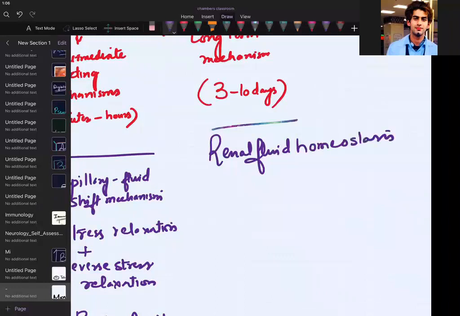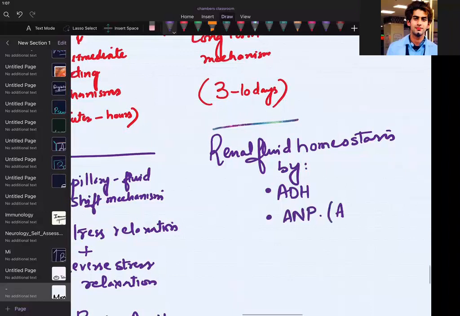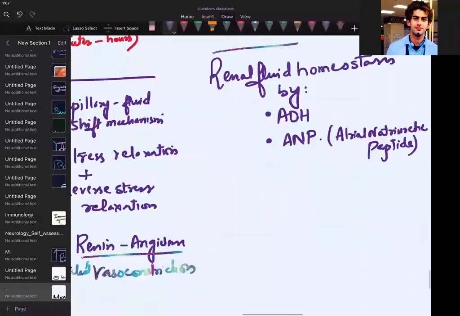Renal fluid homeostasis by what? ADH, atrial natriuretic peptide, and aldosterone.